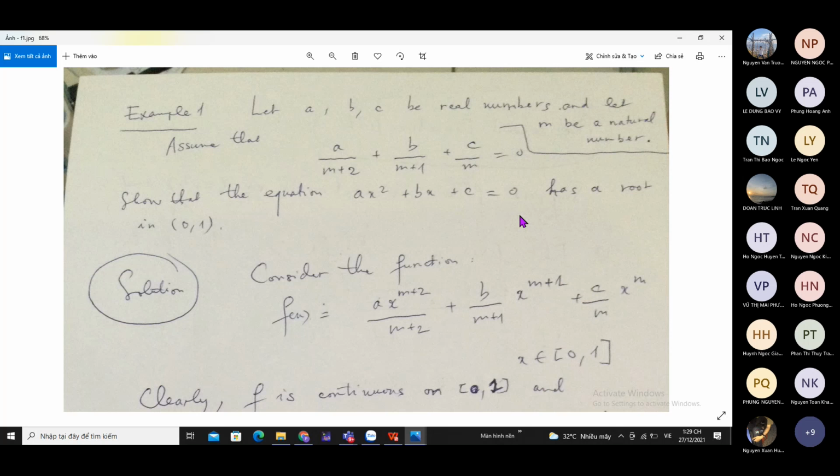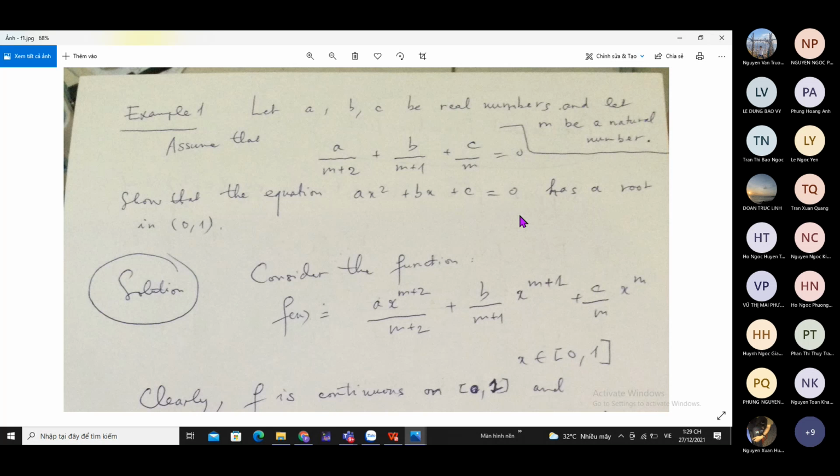Now here, suppose that a, b, c are real numbers and m here is a natural number. It means m may be equal to 1, 2, 3, 4, 5, and so on. And in the previous example, m equals 2010. Okay, actually, we can give the solution for the general case.